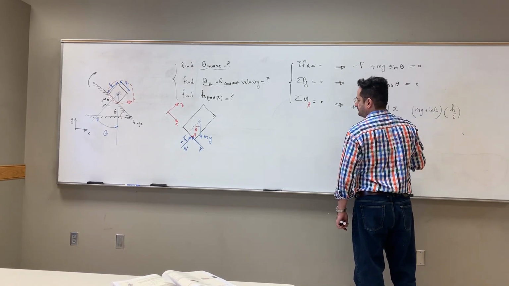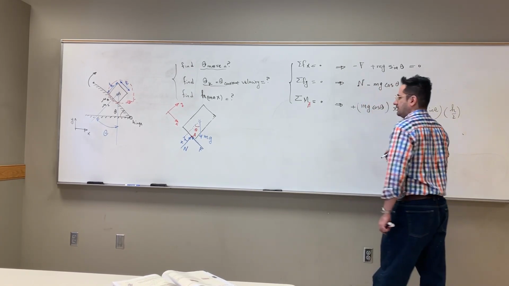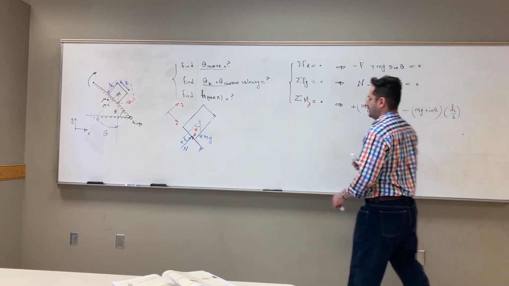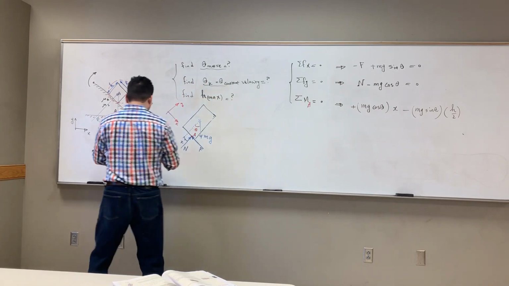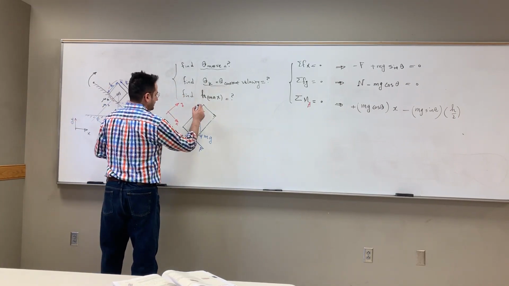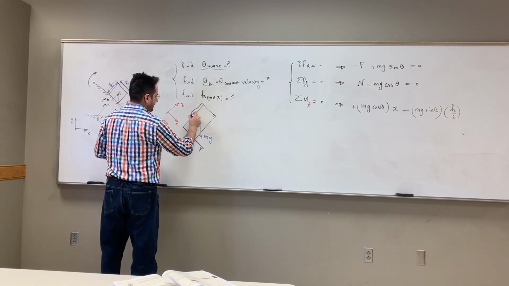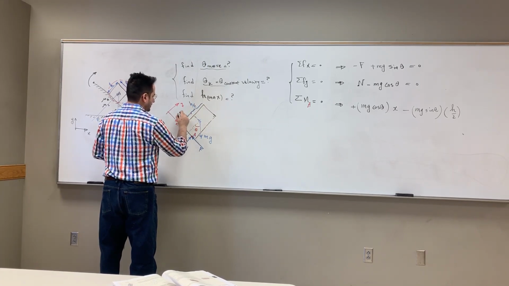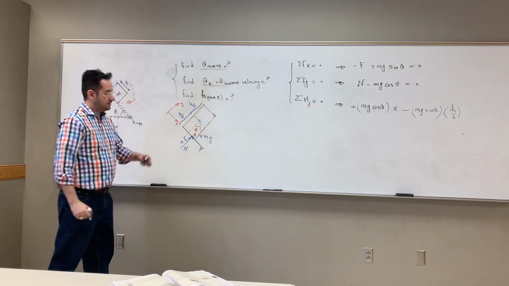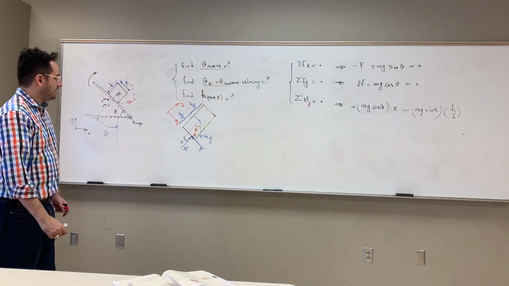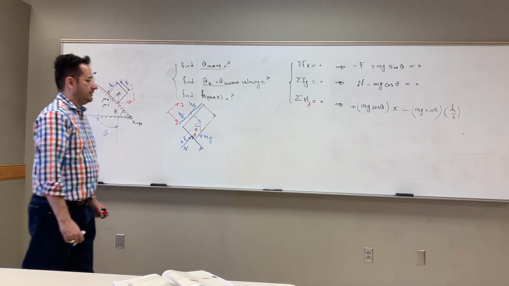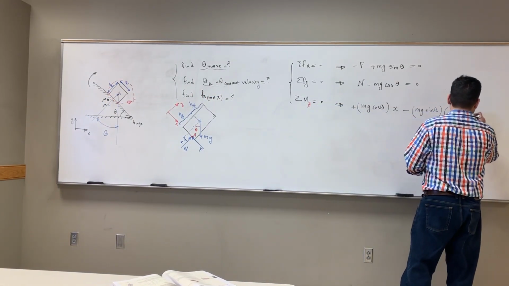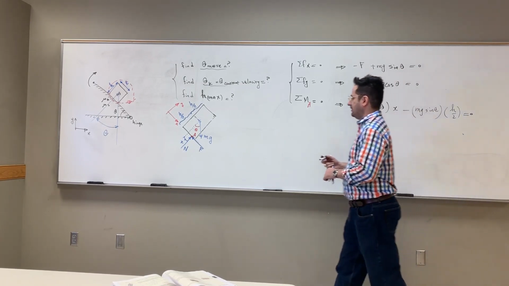Negative. Because this is H. See that? From here to here is H over 2, and from here to here, H over 2. So negative mg sine theta times H over 2 is equal to 0. So these are my equations.